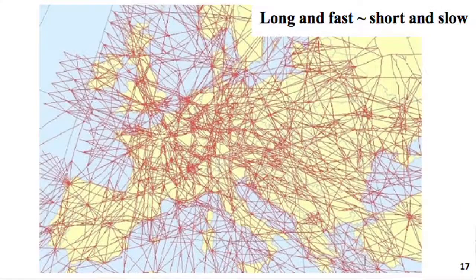Going back to the formula for urban design, now at a much greater scale. This is essentially the western half of Europe, from the Black Sea to the Atlantic. The long and fast are the air routes, shown here in red. The short and slow are the traversing of the yellow, the actual land.